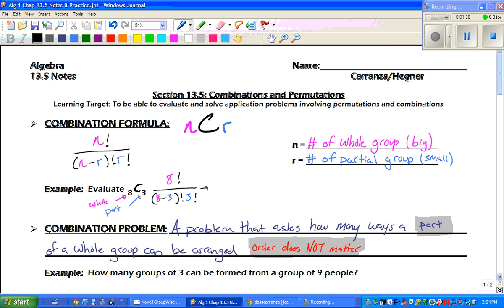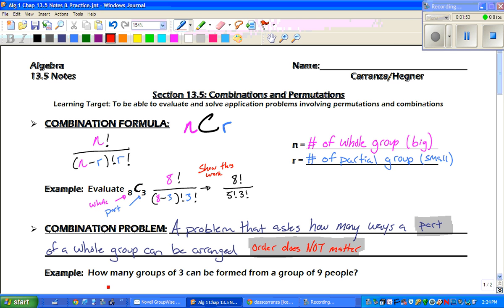The 8 factorial stays the same. 8 minus 3 would be 5 factorial, and 3 factorial. This is what we have to see. So we are going to say show this work.